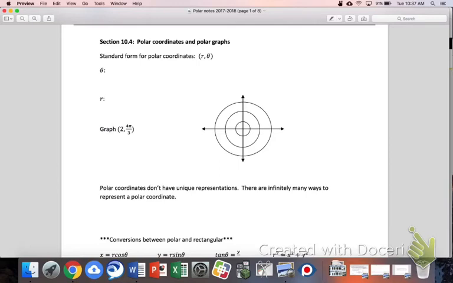It's mentioned down here at the bottom, I'll do this now, but there's no one exclusive way to get somewhere using polar coordinates. So one of the ways I could get to talk to Darian is I could point this direction and walk straight ahead, right? Aren't there other ways I could use polar? Couldn't I point in the exact opposite direction and walk backwards? I'm still in the same spot, right?